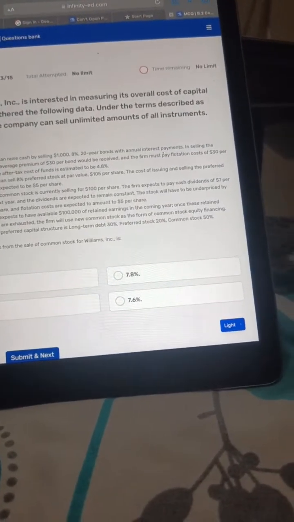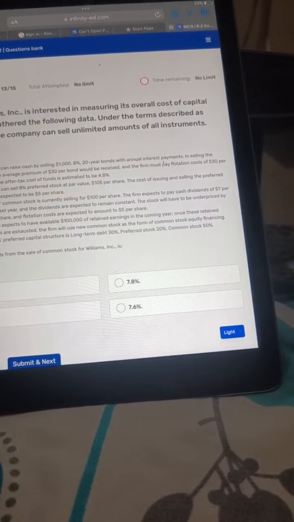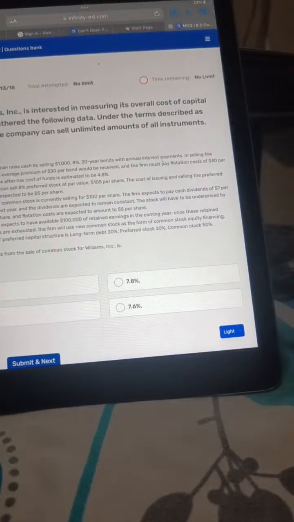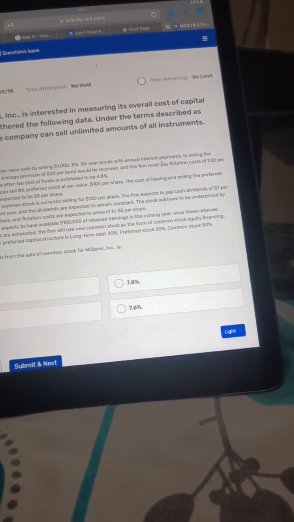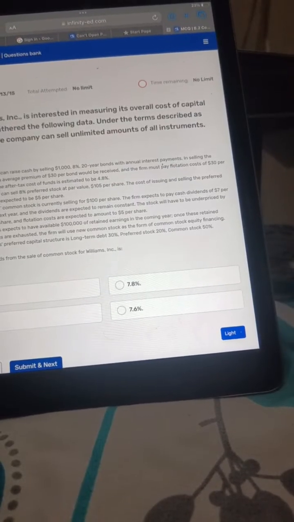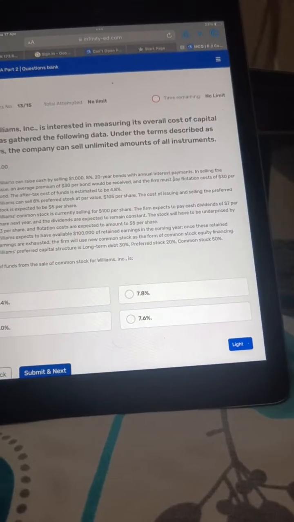Question number 13. The cost of fund from the sale of common stock of William Inc. This is asking only for the common stock cost of fund. It's the CAPM method. We have to calculate cost of equity, and this is a very long question.